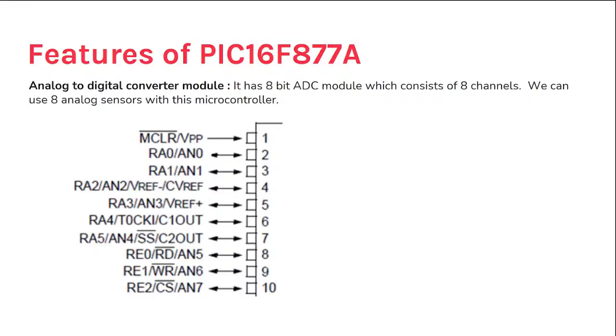You can get the PIC IC for 140 to 180 rupees, whereas the LPC2148 chip costs 480 to 500 rupees, and the LPC4088 costs around 800 to 900 rupees.